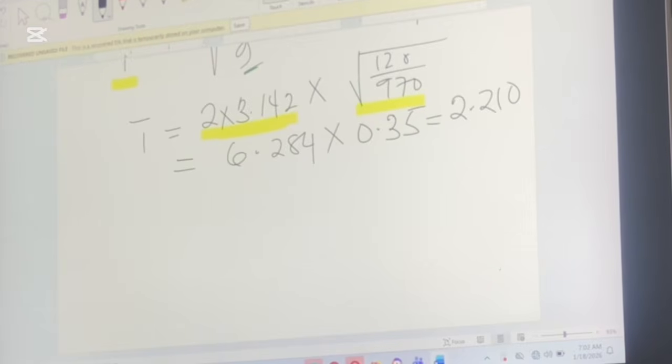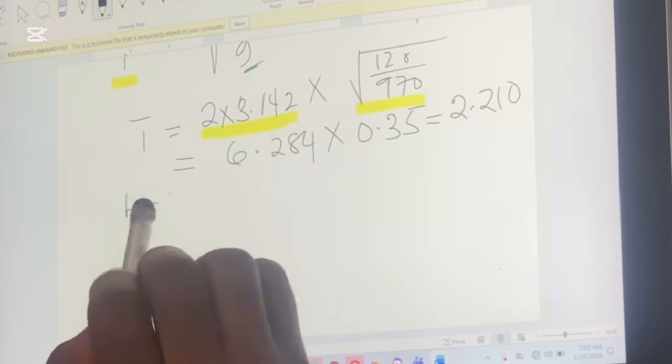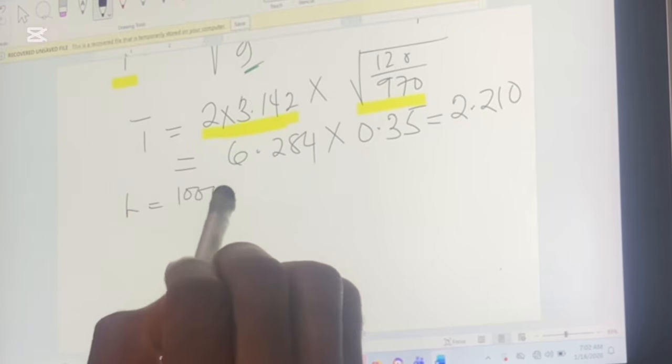Okay, so the next one is when L is equal to 100 cm.